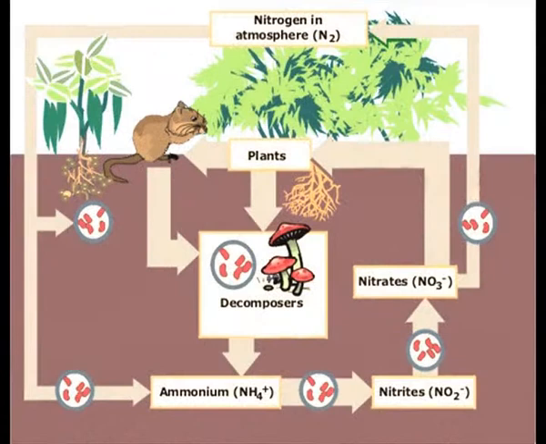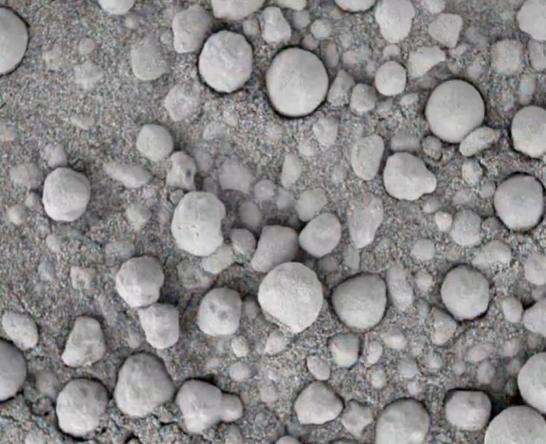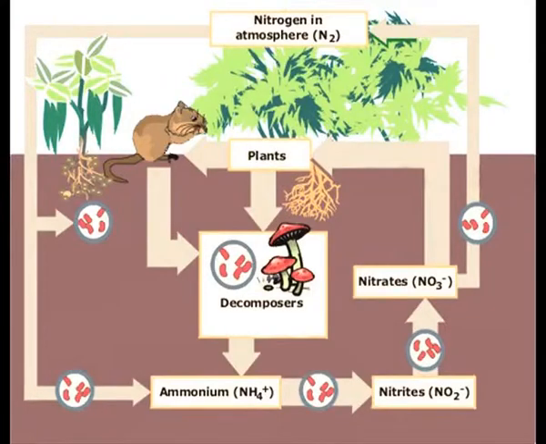Plants, animals, and microorganisms can die of nitrogen deficiency, surrounded by nitrogen they cannot use. However, plants are unable to use this form of nitrogen, but certain microorganisms found in the soil are able to convert atmospheric nitrogen into forms plants can use.